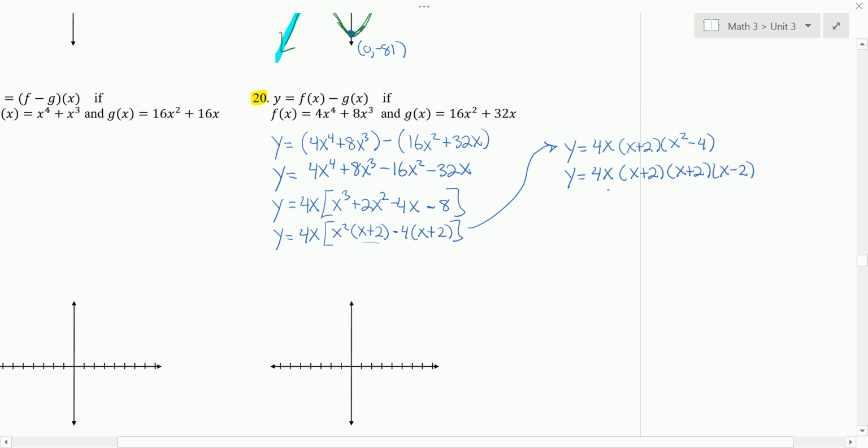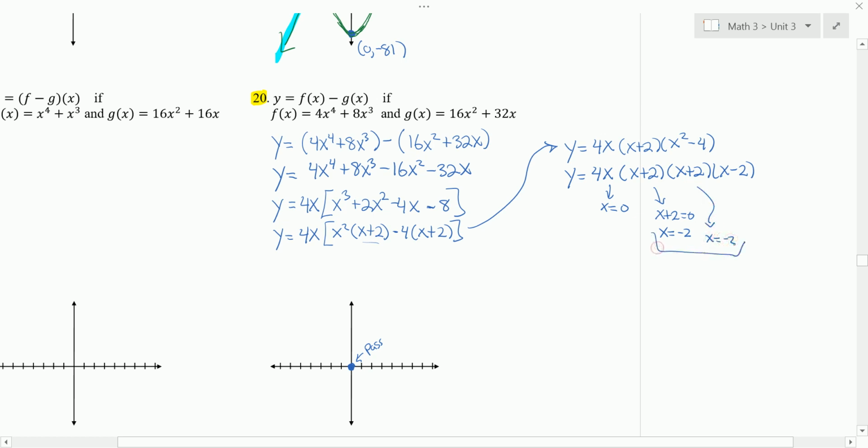So here we have x is 0. There's only one of them, that's your x-intercept and your y-intercept, and it's going to pass through that one. We have 2 of the x plus 2, so we get x plus 2 is 0, and that gives us x equals negative 2, and we get another one, x equals negative 2.